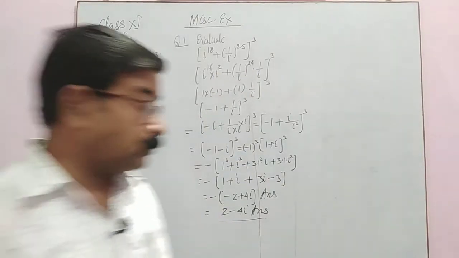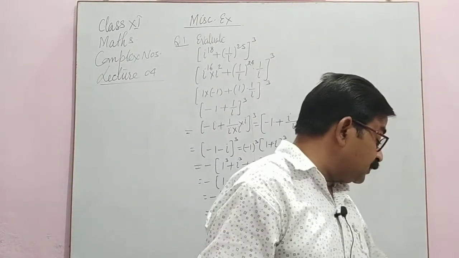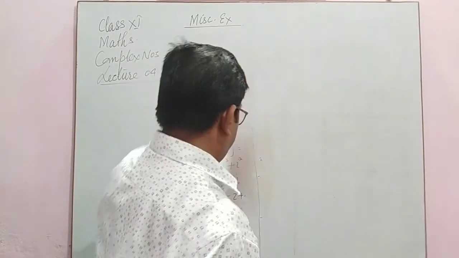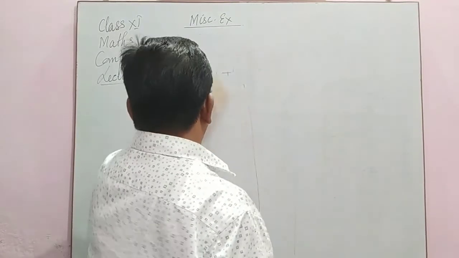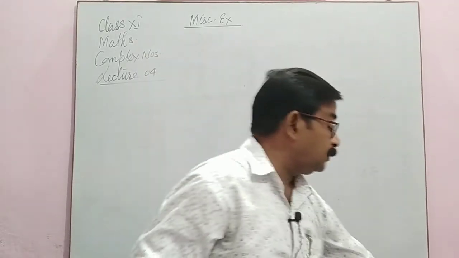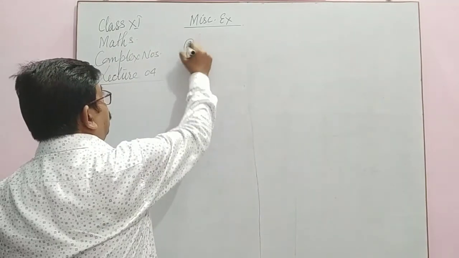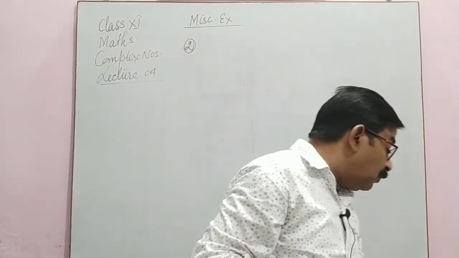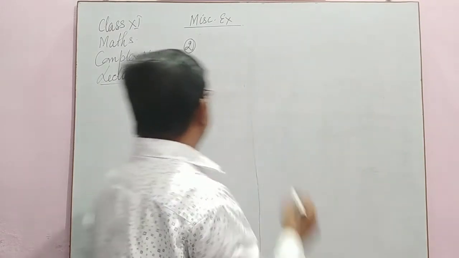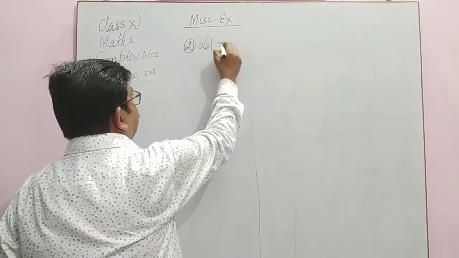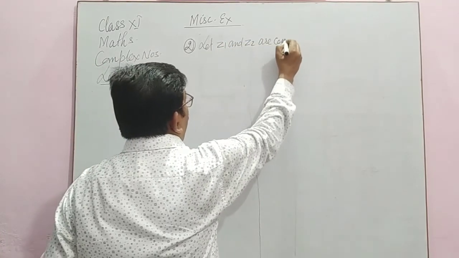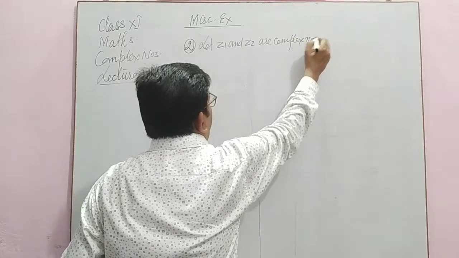Got it? Now let's see question number 2. Second question, and the question is, for any two complex numbers z1 and z2, prove that. Let z1 and z2 be complex numbers.